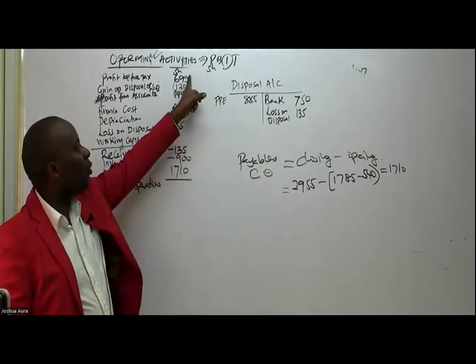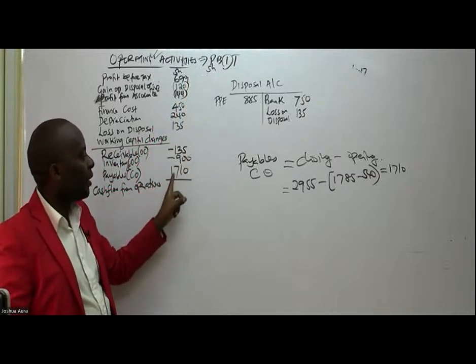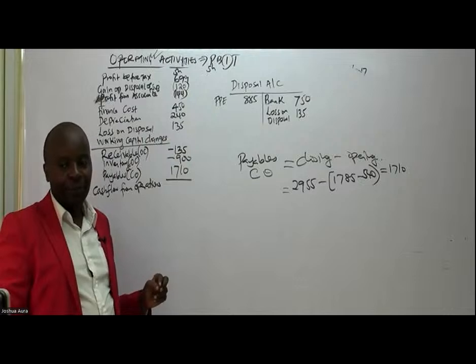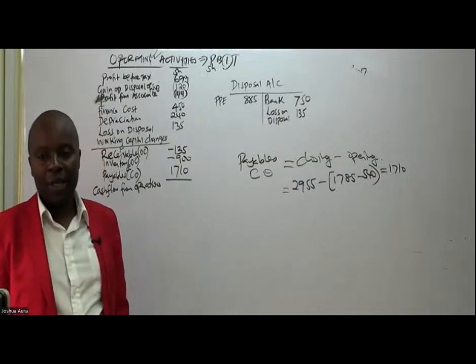You are just following this minus plus this, minus, and you give me the final figure. Take your time, there's no hurry. Cash flow from operations, what shall we get?